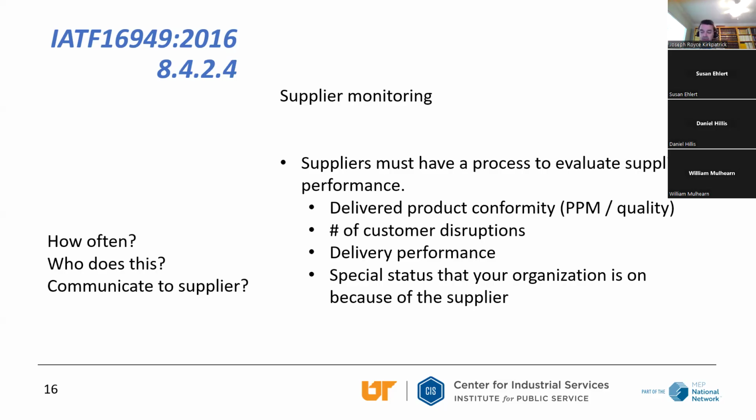Their delivery performance, or their on-time percentage. And any special status that we're in because of them. You know, if we're on the red supplier list with Ford because of this quality issue from supplier X, we need to be including that in our supplier monitoring of that supplier X. How often do we need to be monitoring suppliers? Anybody have any idea of how often we're supposed to be?